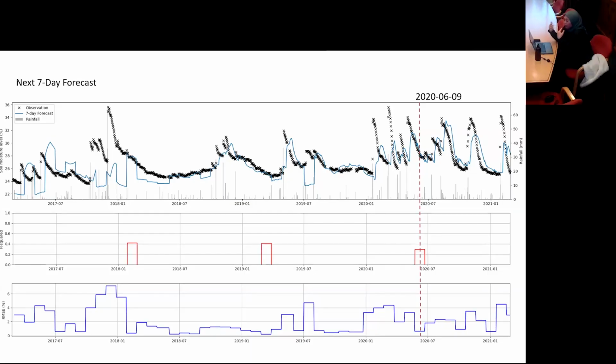So based on those data sets, we implement it, and this is the result for the forecasting for the next 7 days. You can see the black cross is the observation, and the blue line is the 7-day forecast for the first graph.